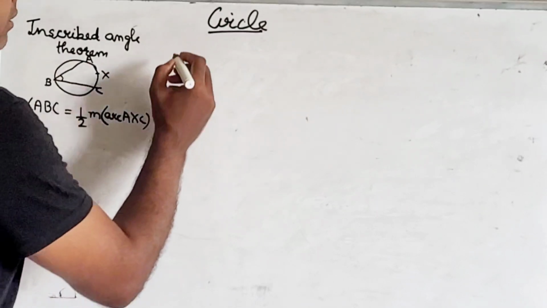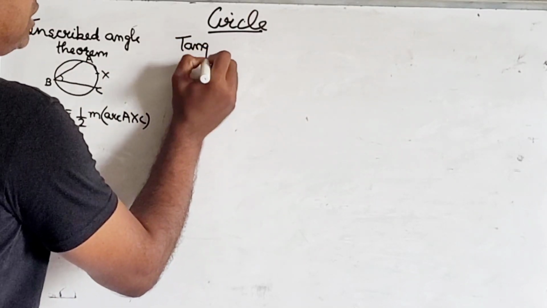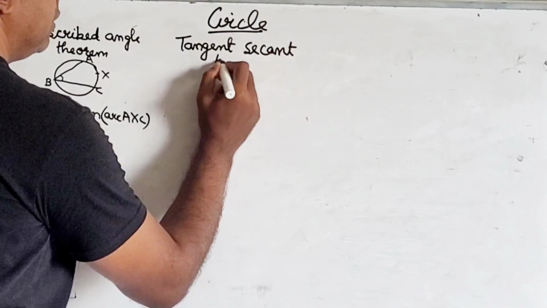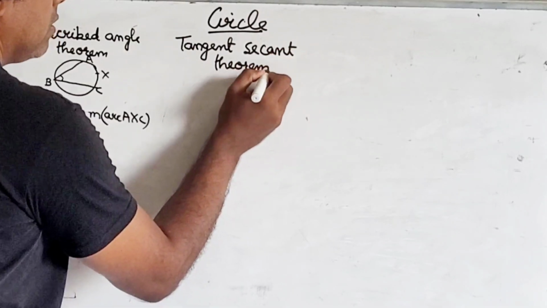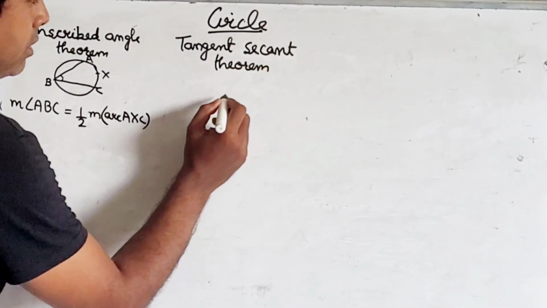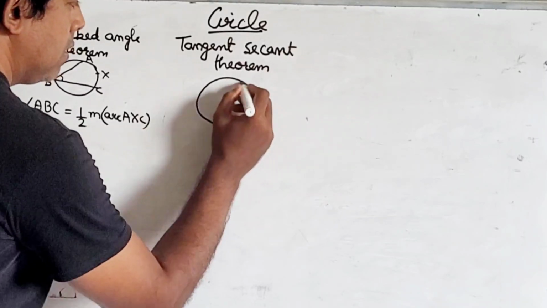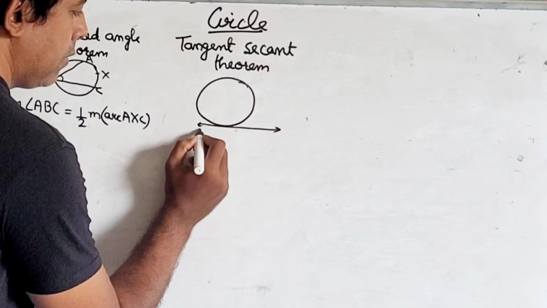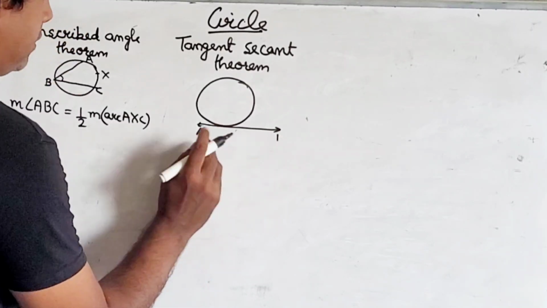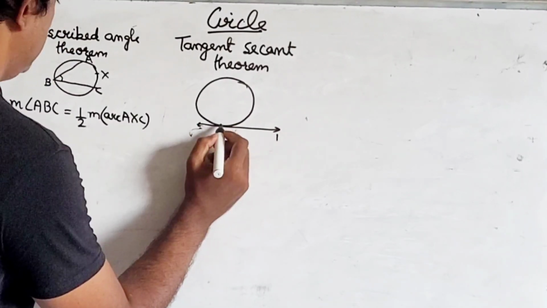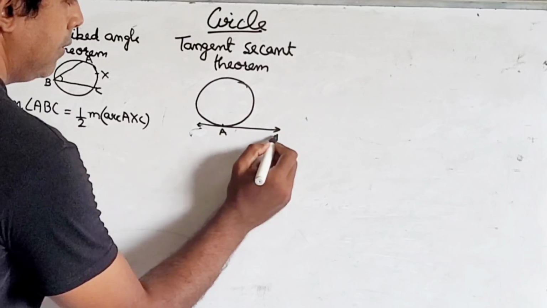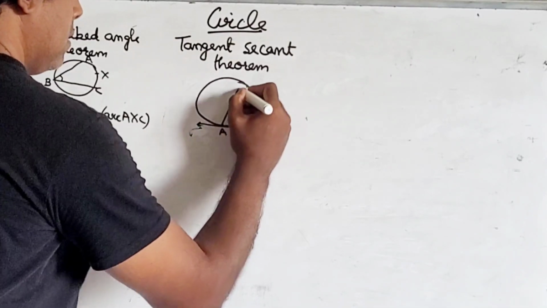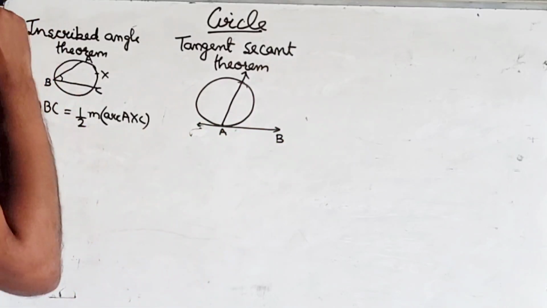Same way, there's another theorem, that is the tangent secant theorem. In the case of the tangent secant theorem, there's a tangent. Let us write these points as A, B. This is the tangent and this is a secant.